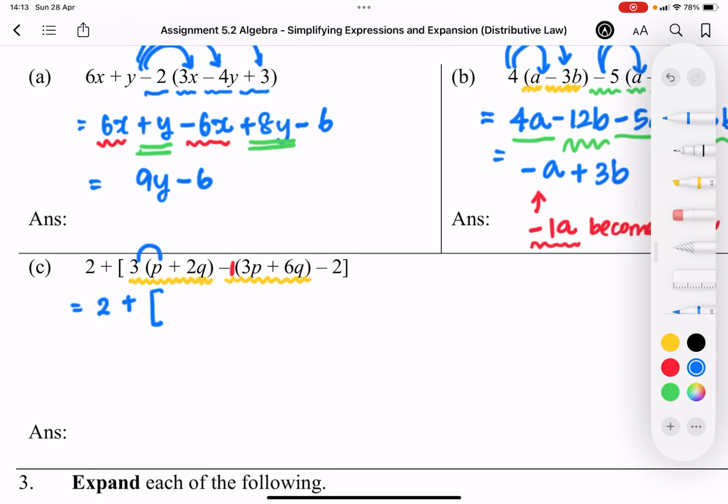Now, 3 times p, 3p. 3 times positive 2q will give positive 6q. Next, negative 1 times 3p will be negative 3p, and negative 1 times positive 6q will give a negative 6q. And here this negative 2 we just copy.